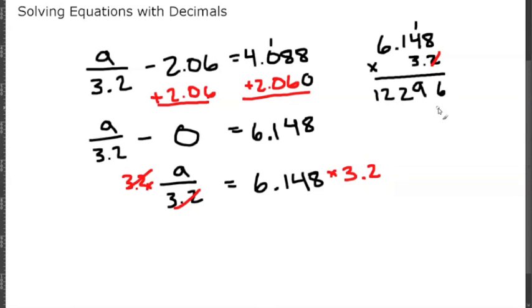We're done with the 2, so we're going to put a 0 as our placeholder. 8 times 3 is 24. Carry the 2. 4 times 3 is 12. 12 plus 2 is 14. Carry the 1. 3 times 1 is 3, plus 1 is 4. And 3 times 6 is 18.